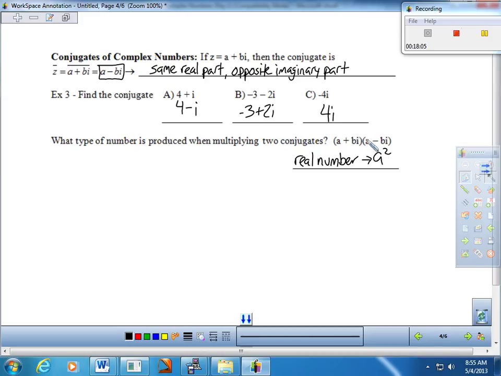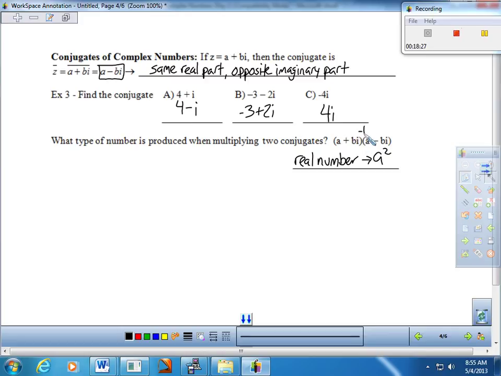Outside and inside cancel, so there's the imaginary part. But what happens on the end? We get positive times negative, so we get negative b squared i squared. i squared is negative 1, everybody. So what would that translate to?